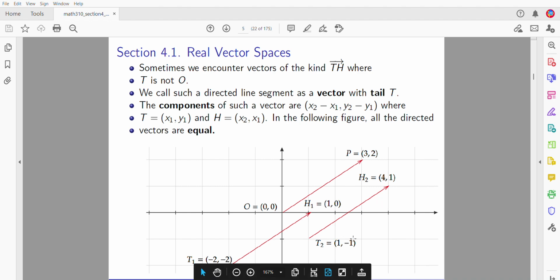So all three vectors have the same components. All the directed vectors in this case are equal. When the components are equal, you say the vectors themselves are equal. So head minus tail, head minus tail. Those are the components.